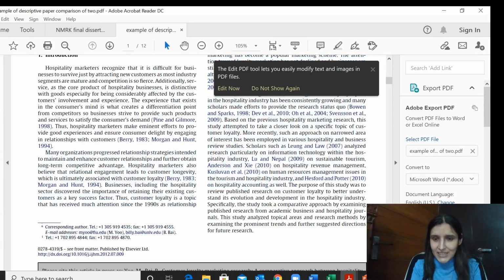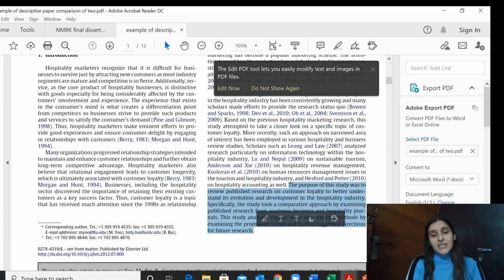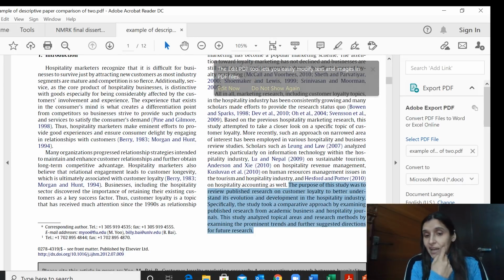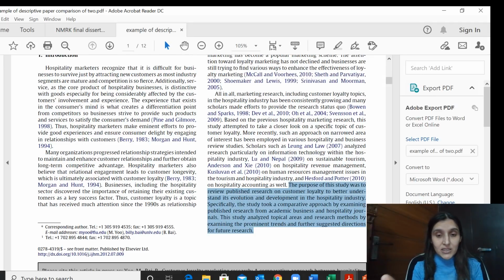And finally, over here, you will write that there is a gap. When you write there's a gap, you will quote people who say there's a gap. You will write the purpose of the study. You will say, okay, this is my area. I'm doing a comparative study.